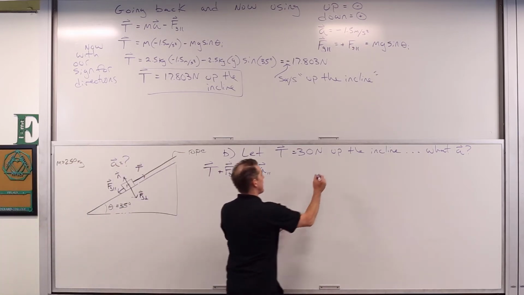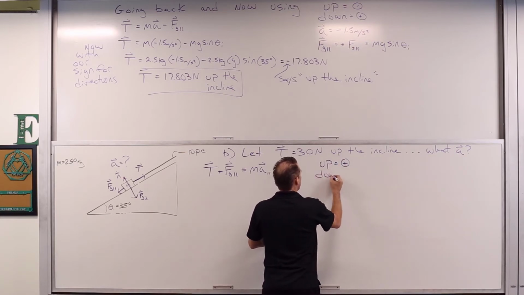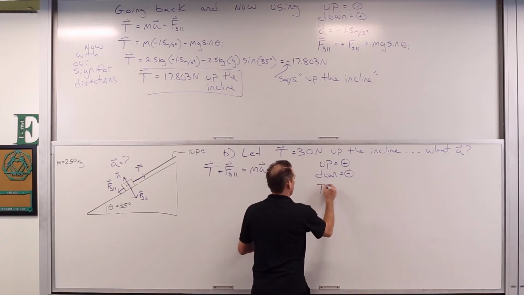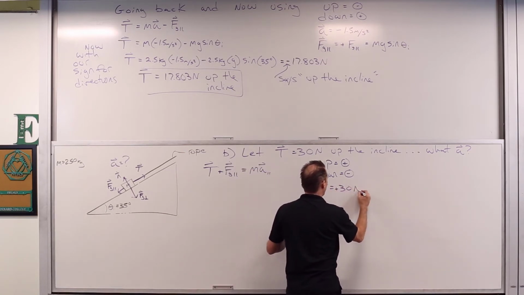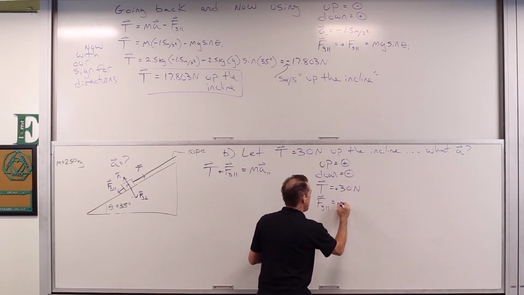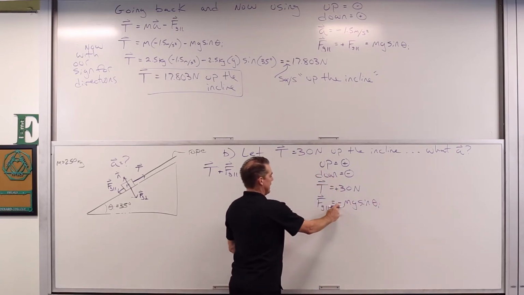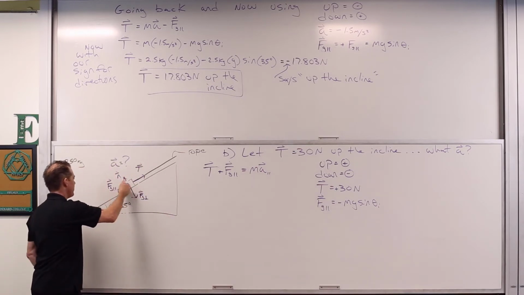So let's just still say that up is equal to the plus direction and down is equal to the minus direction. T hat is equal to then plus 30 newtons and FG parallel hat is equal to negative mg times the sine of theta sub I. It's down, tension's up. Up, down.